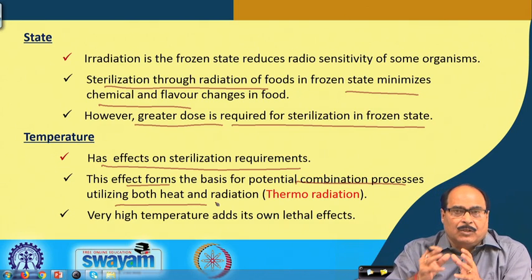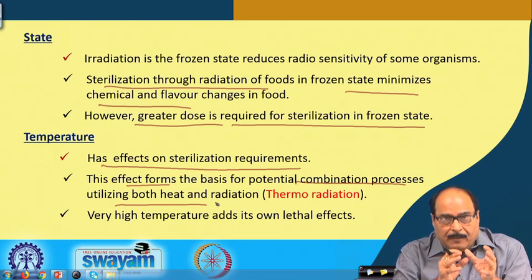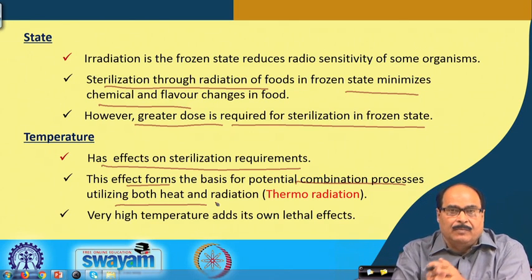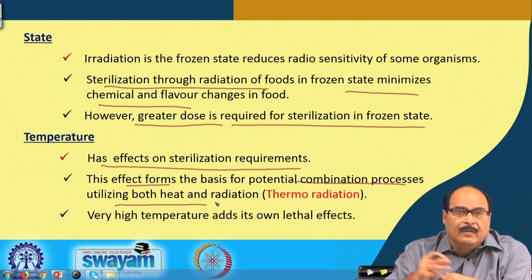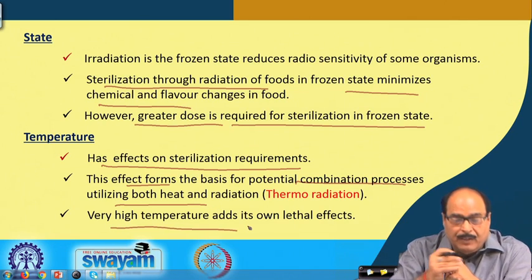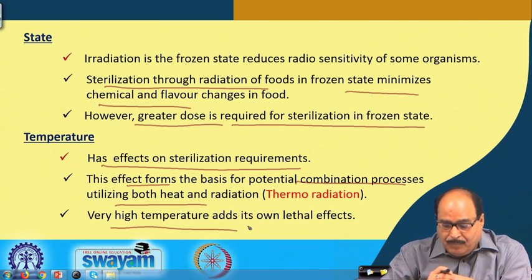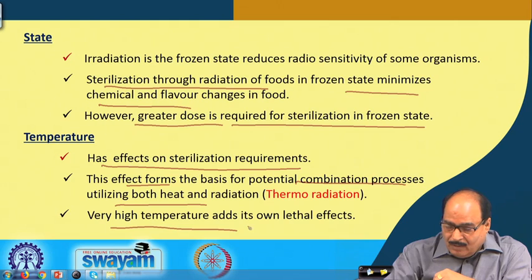So, a suitable process can be combined: a low heat treatment followed by irradiation, or radiation treatment followed by heat treatment, can be given to have a beneficial effect. At the same time, if you use very high temperature, it adds its own lethal effects on the food components.